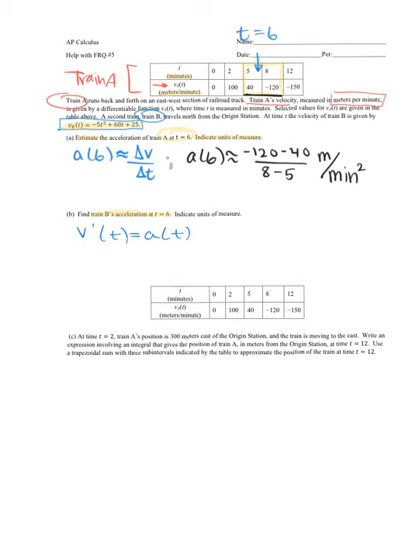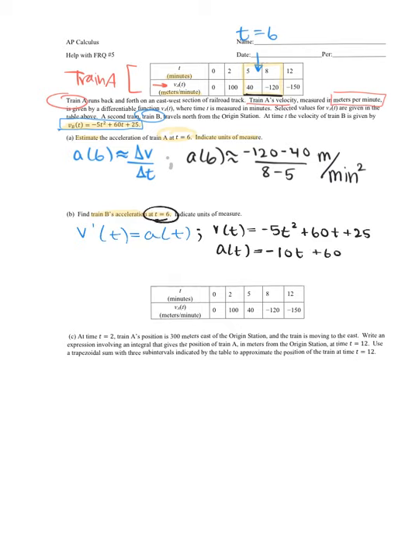So in this particular problem, I know that v of t for train B is given as negative 5t squared plus 60t plus 25. Then acceleration will be that derivative, so that would be negative 10t plus 60.